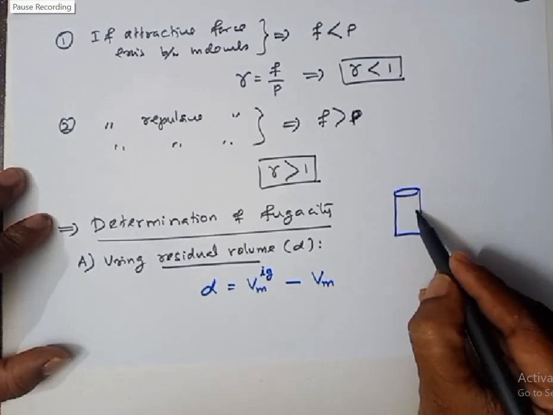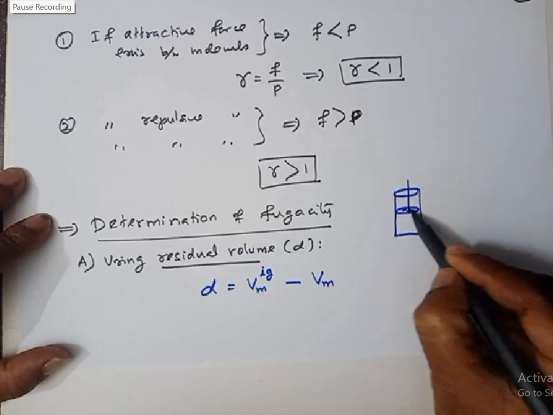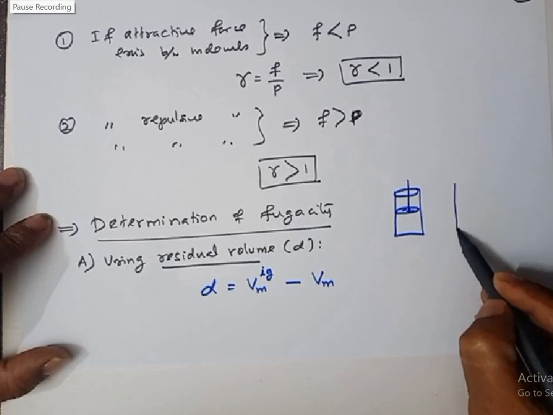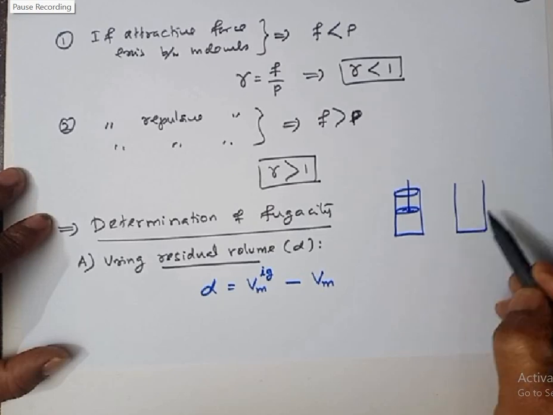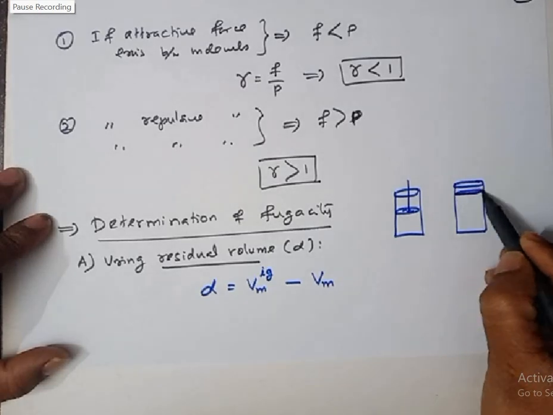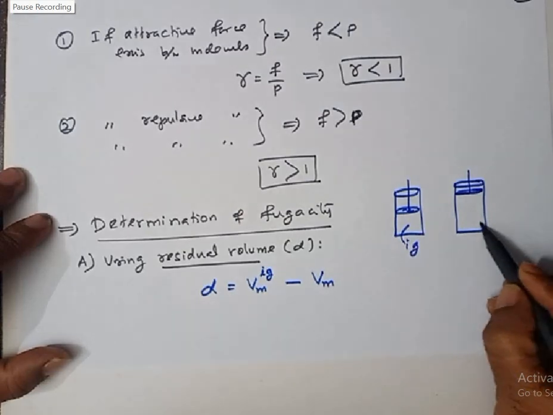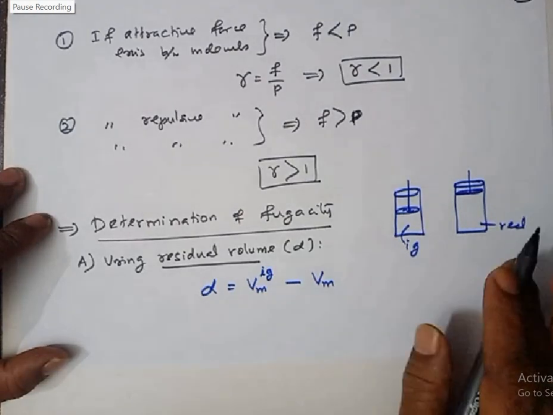In one container I'll take an ideal gas with some piston like this, and in another container I'll take some real gas, with some piston.